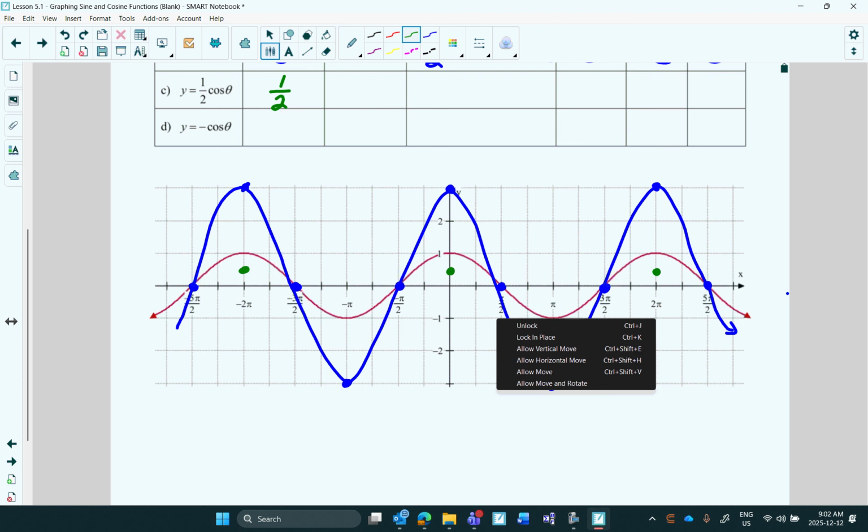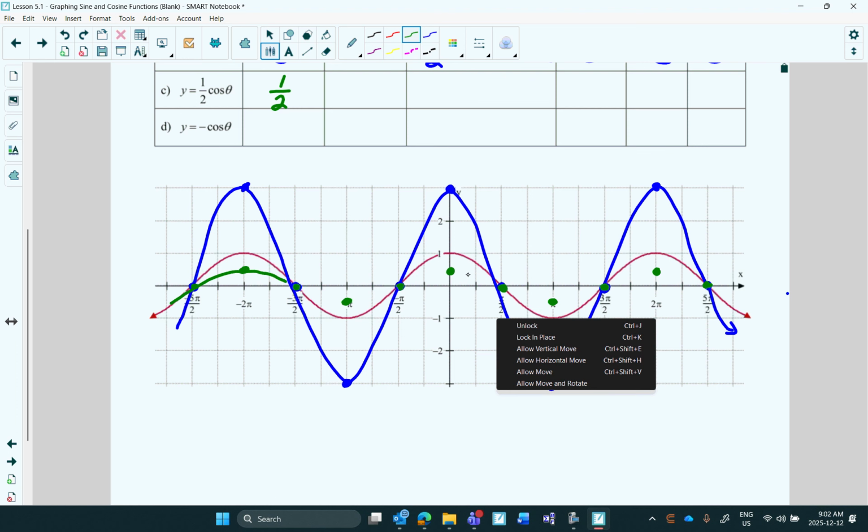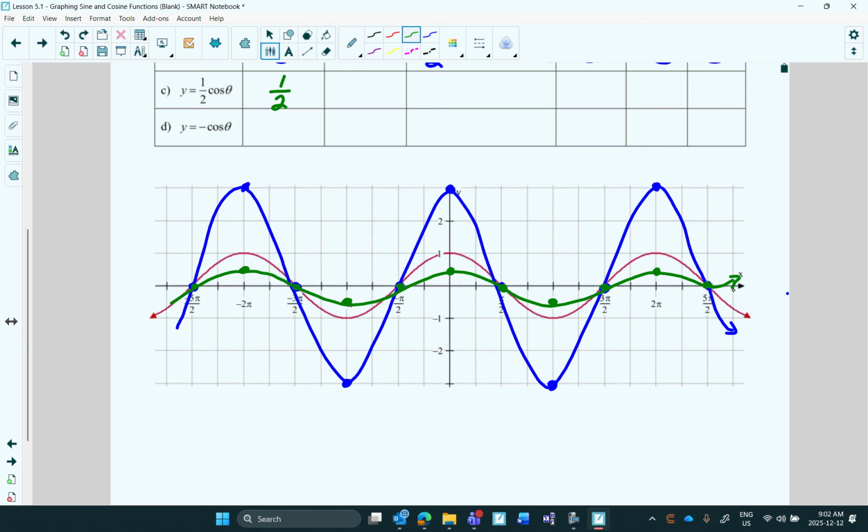If I'm at -1, I go half of -1, so -1/2, every time there's a -1. The points that are on the x-axis, they don't stretch. So they stay where they are. So it's still the same shape, it's just compressed. Looks like that.